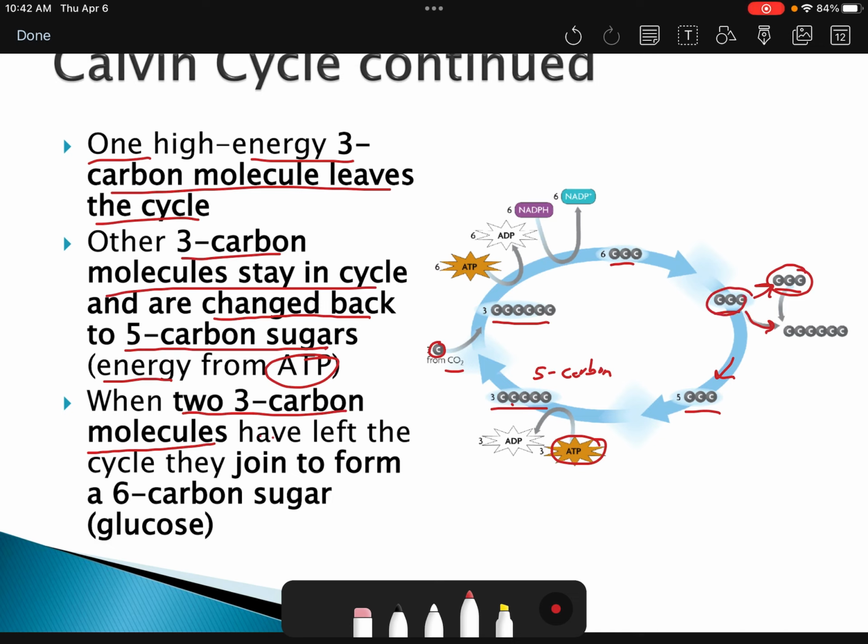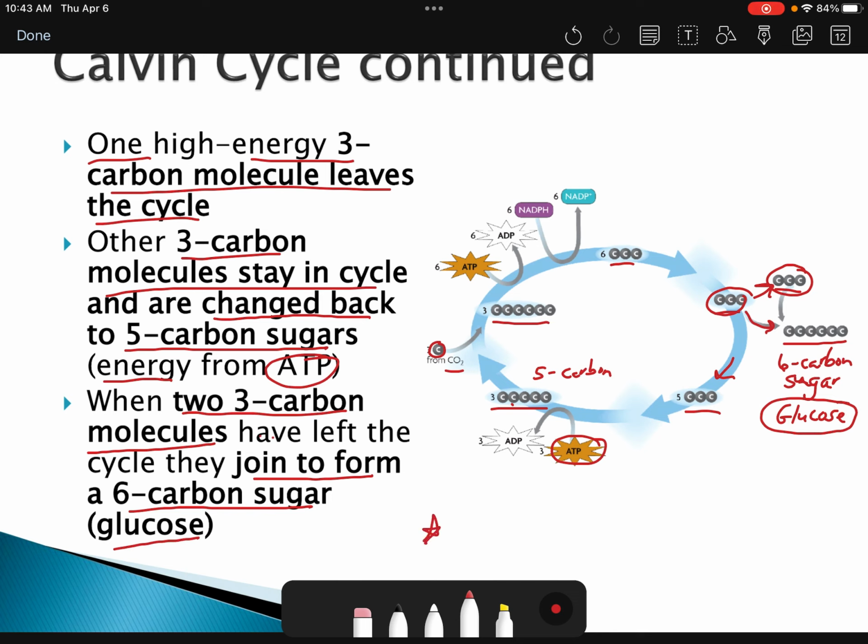This one right now is from the second trip around the cycle. They're going to add together to form a 6-carbon sugar called glucose. Okay, so once 2 3-carbon molecules have left the cycle, they join to form a 6-carbon sugar called glucose.